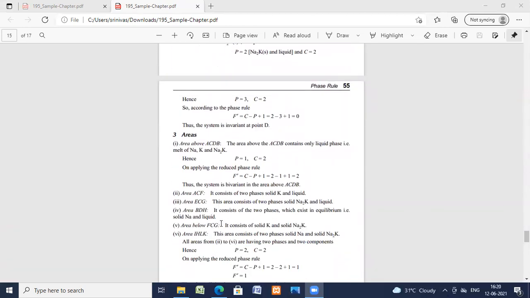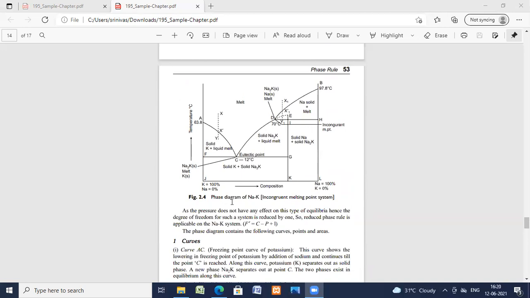And area FCG and IHLK. This is one area, this is the second area.